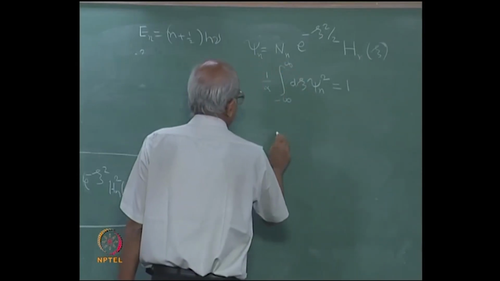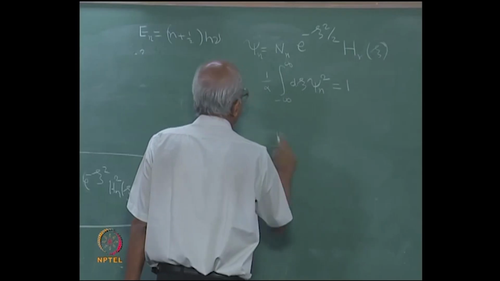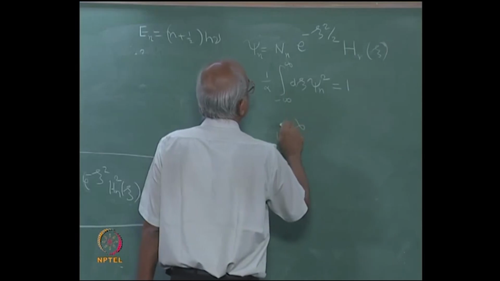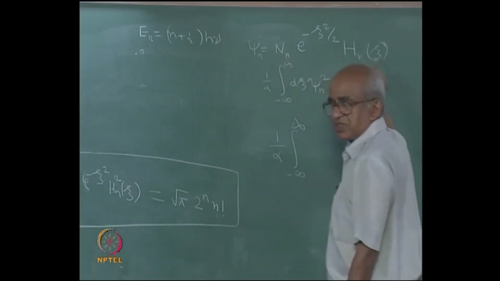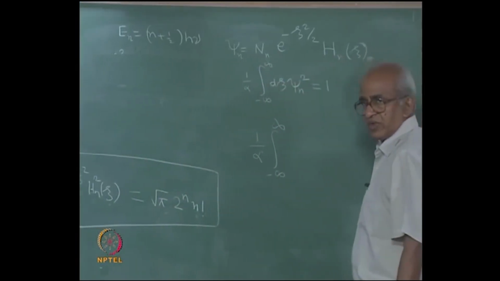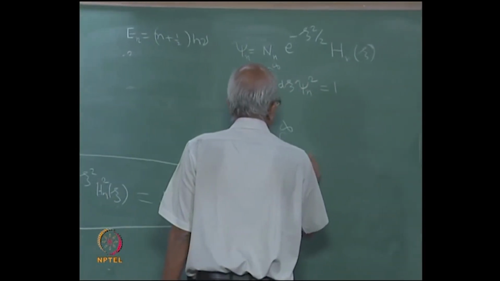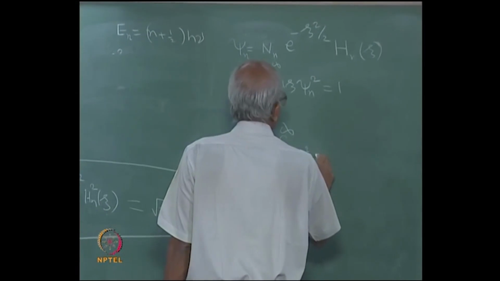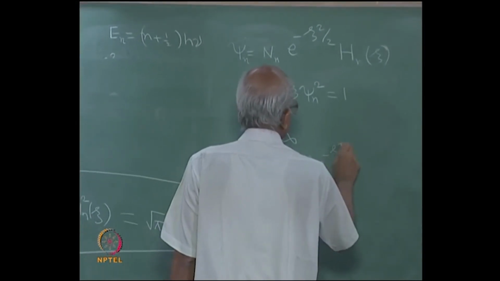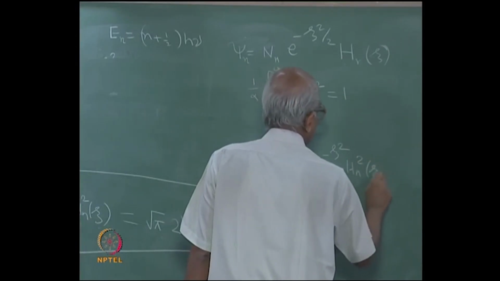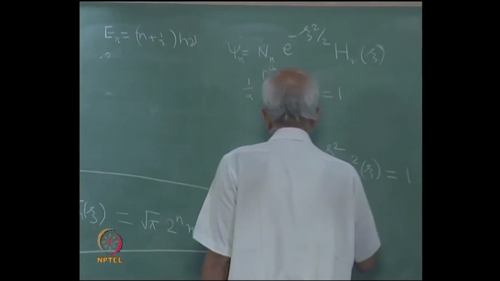So, let us write this once more, 1 by alpha integral minus infinity to plus infinity, psi n is given by that expression, okay, psi n is given by this expression. So, therefore, I will put N square e to the power of minus c square Hn square c is equal to 1. This is the normalization condition.